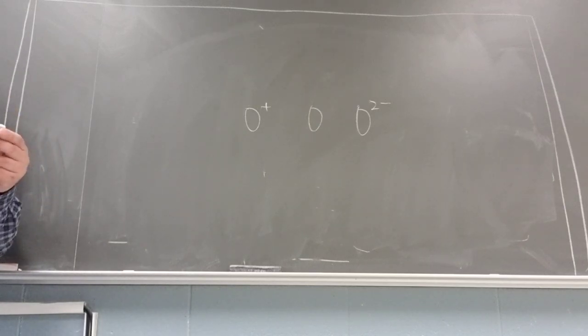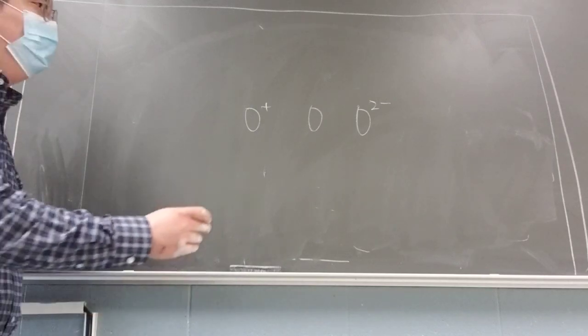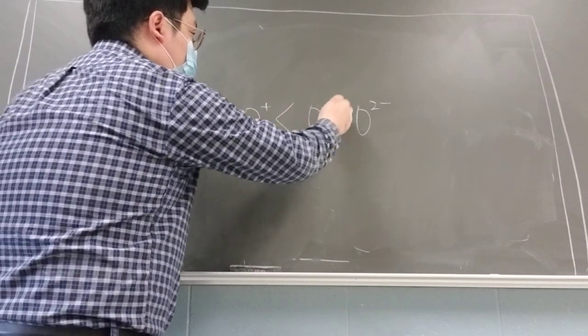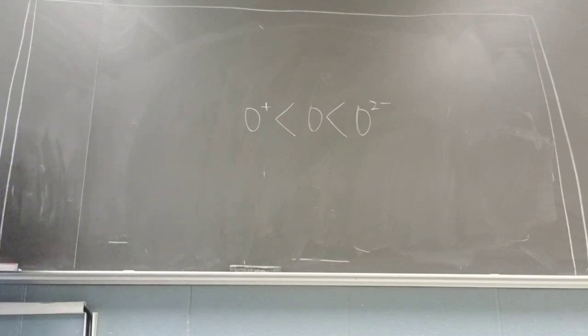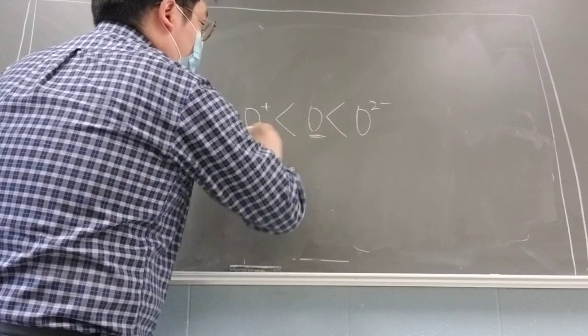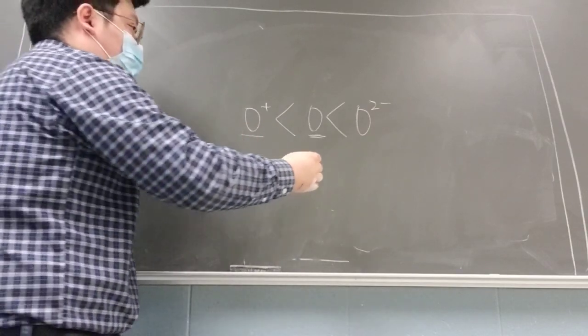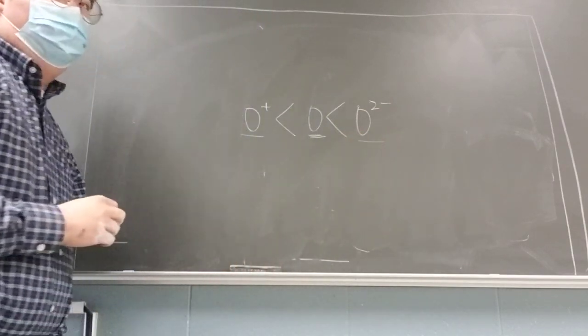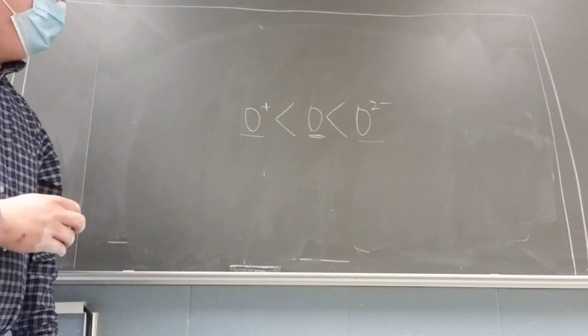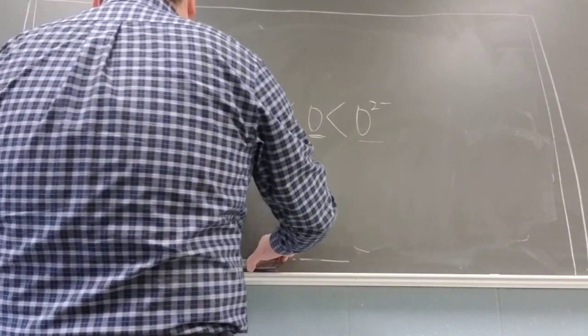Okay, so far so good. All right. So you can do this, right? Okay, looks good, right? So this is the element form. The cation will be smaller. The anion form will be bigger. Okay, looks good. All right. So let's move on.